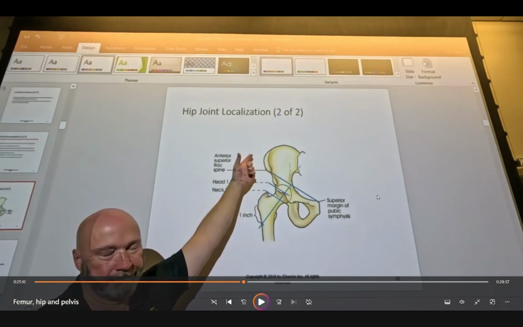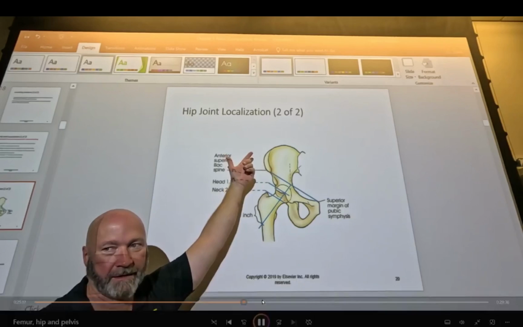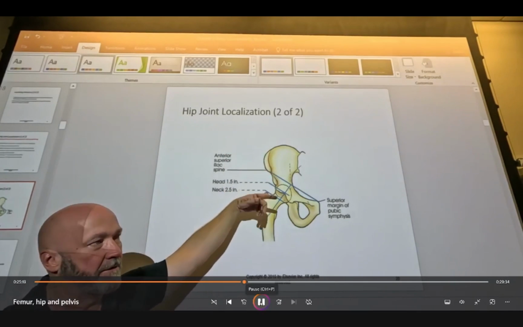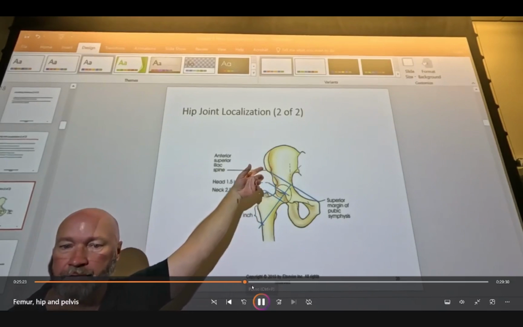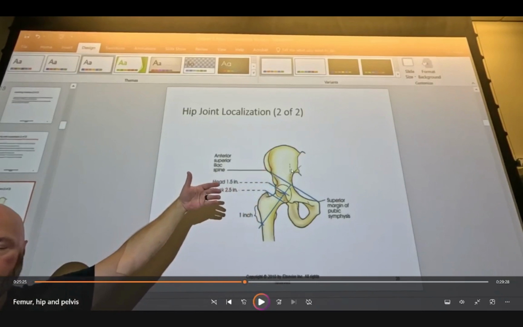So you might see this image on a test, and possibly all the way through the registry. You may see it referenced. Let me see if I can get an image with my hand out of the way. Okay, close enough.